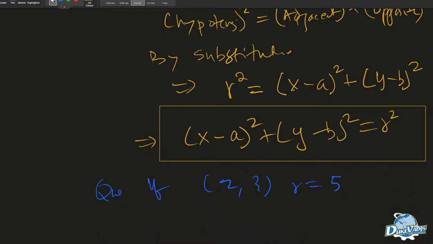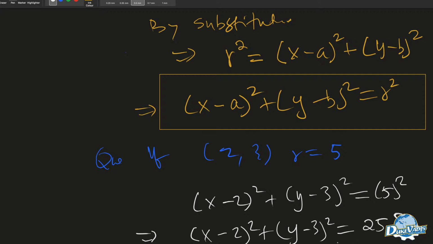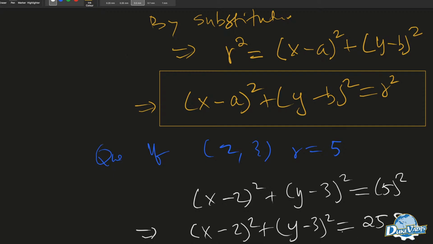So using this, if you put the values into this equation, we're going to get x minus 2 squared plus y minus 3 squared equals 5 squared, and this will be the equation of a circle. So we see x minus 2 squared plus y minus 3 squared is equal to 25. So this becomes the equation of a circle.